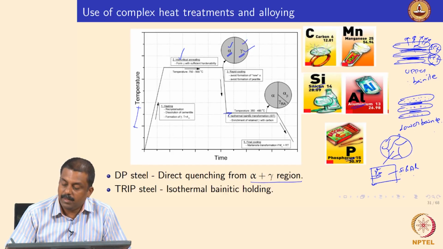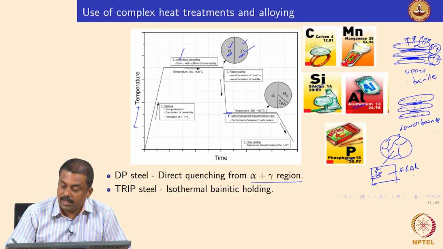Okay. The moment you have silicon and aluminum in solid solution in austenite, the nucleation of cementite is extremely suppressed. That means your carbon is going out, but cementite cannot nucleate. Why? Because the cementite lattice cannot have silicon and aluminum in it.